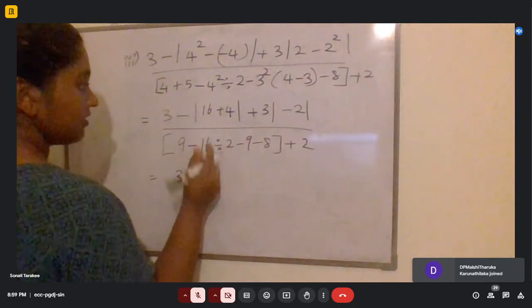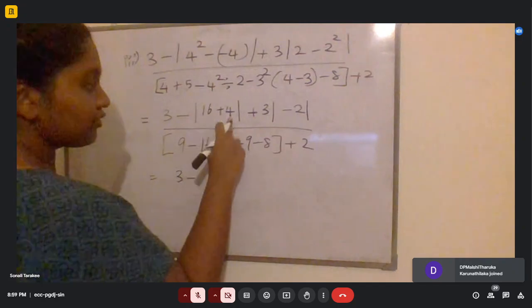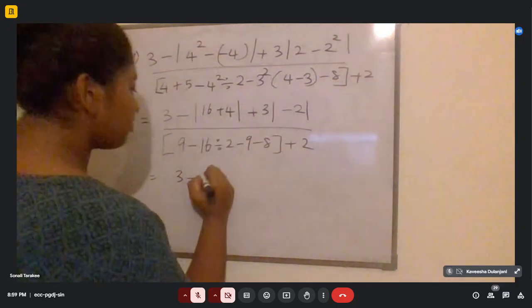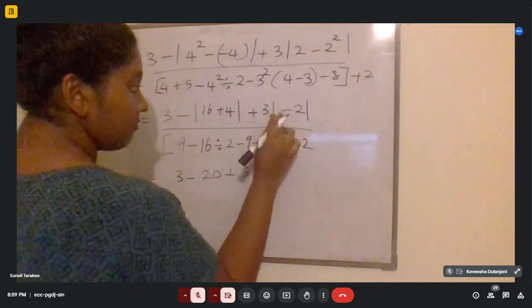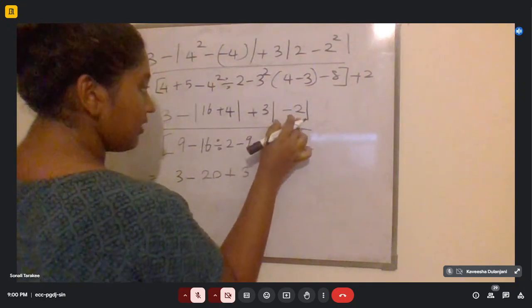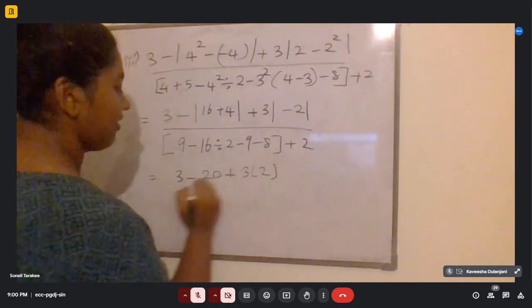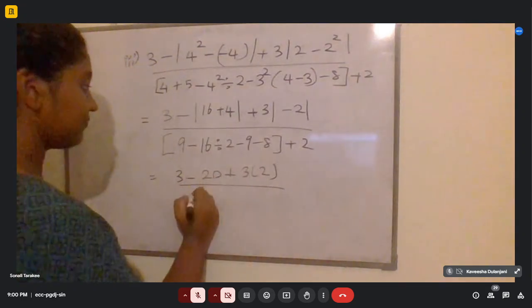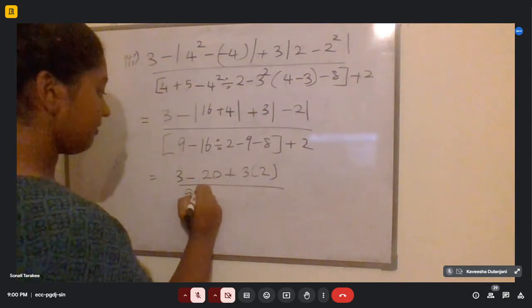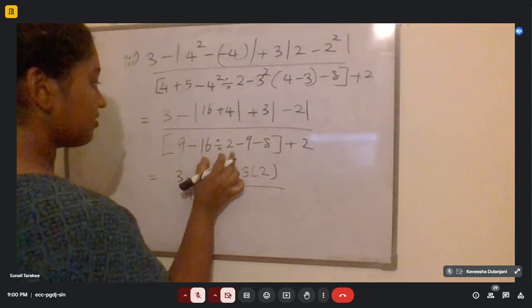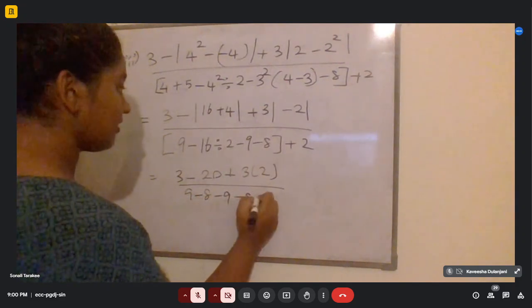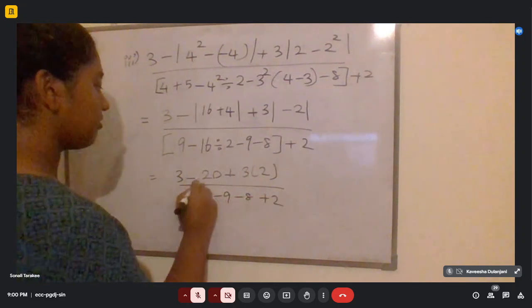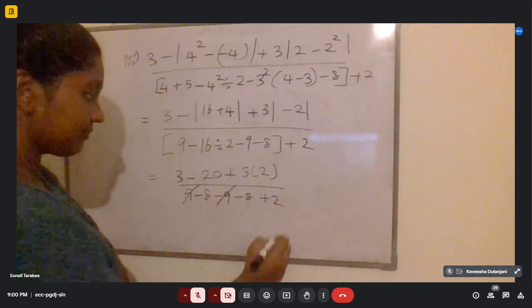So 16 plus 4 is 20. Mod 20 means 20 plus 3 times minus 2 mod is 2, over 9 minus 16 over 2 is 8, minus 9 minus 8 plus 2. So 9 minus 9 get cancelled.